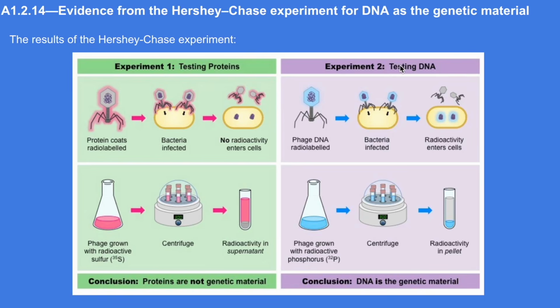When they did their second experiment where they radioactively labeled the DNA, okay, it did get injected because it was the genetic material. So after centrifuging, they found that the radioactivity is in the pellet along with all of the bacteria because it had been injected in there as the genetic material. And so they were able to conclude that it was in fact DNA and not protein that is the genetic material.